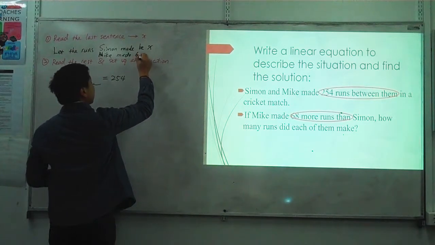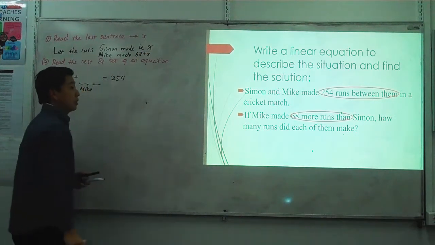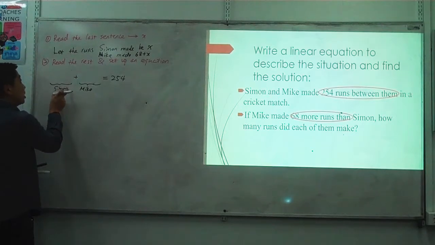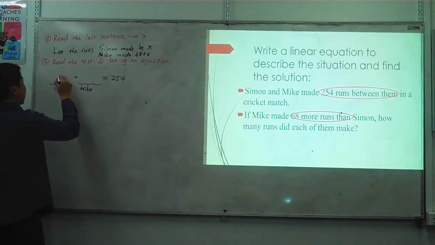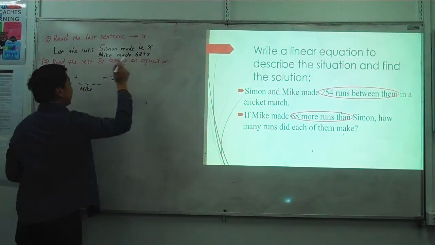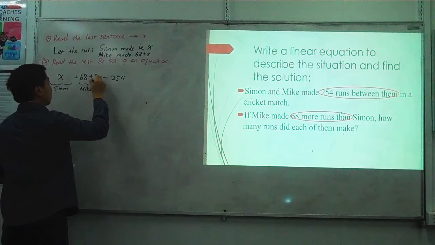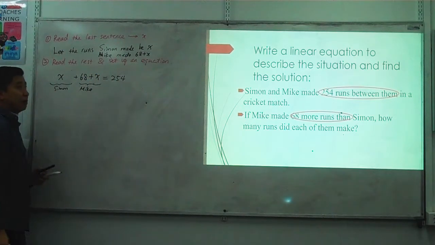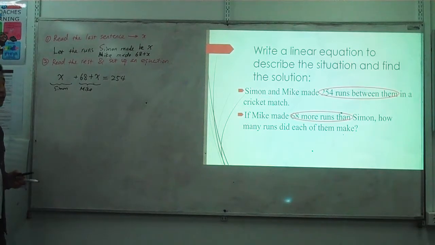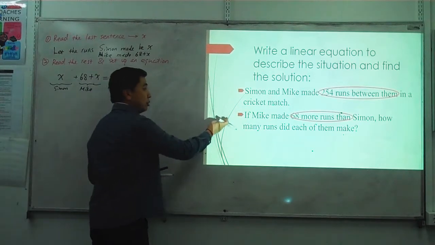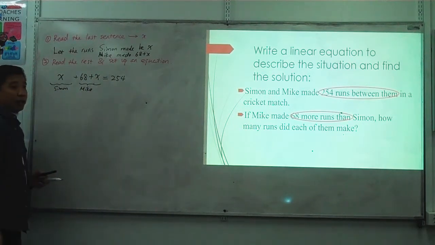So Simon ran X, and then Mike ran 68 more than Simon, and then they all together made 254 runs. Now after we read the descriptions, we can set up this equation.